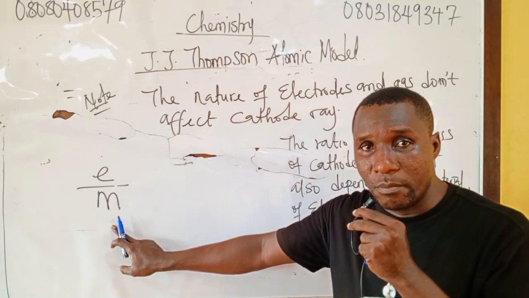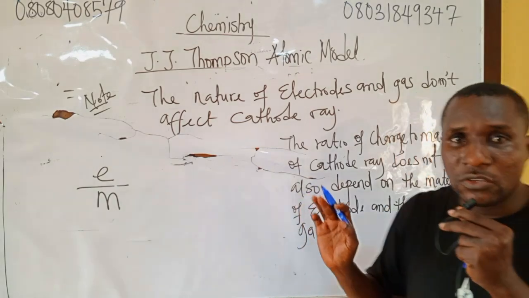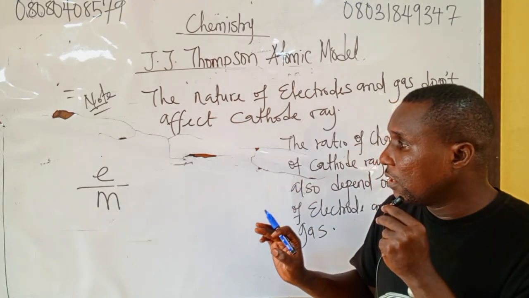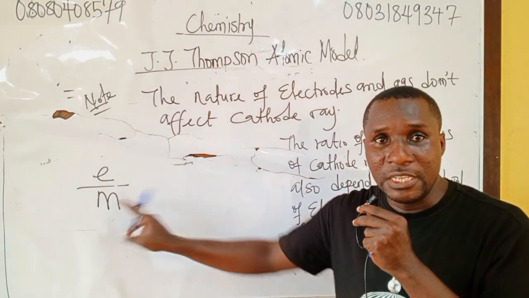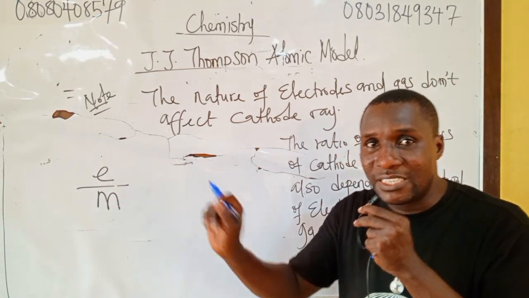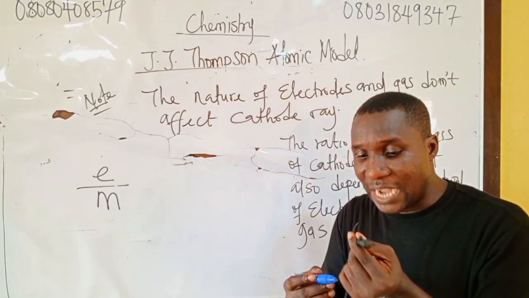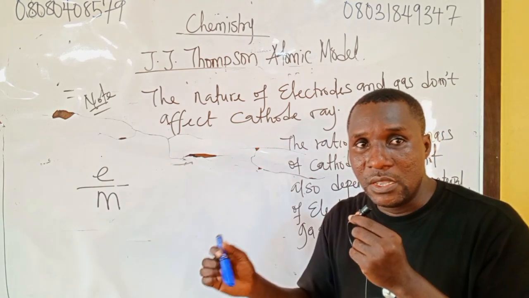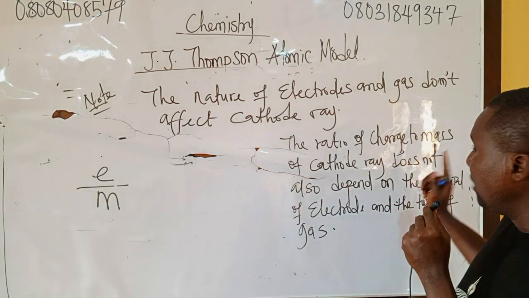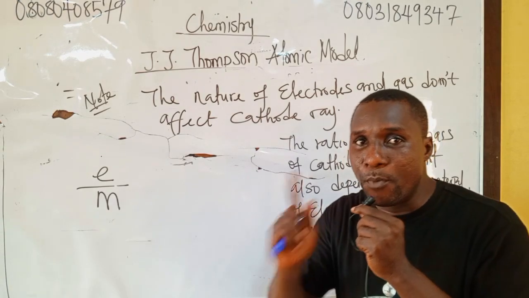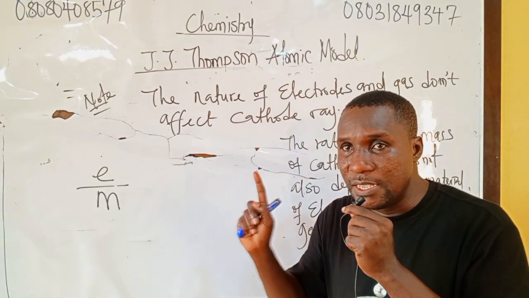The ratio of charge to mass of the cathode ray is not affected by the material of the electrode and the nature of the gas.